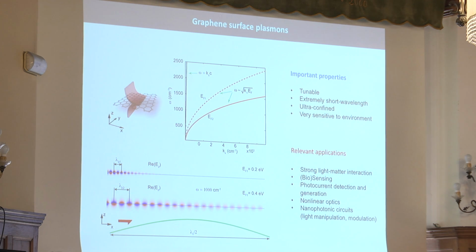And the main key property of graphene plasmons is that you can tune. As I told you before, surface plasmons in metals you cannot tune spectrally because you cannot easily put more carriers and change the properties of the medium, for example, with an electric field. But in graphene, you can do it because it's a semi-metal, and by just making backgating, putting a voltage below, you can put more carriers or fewer carriers.